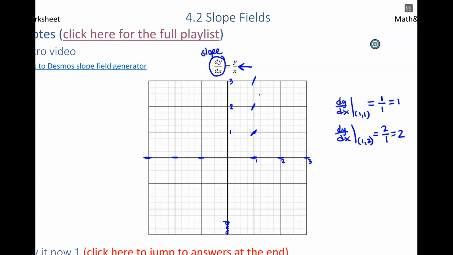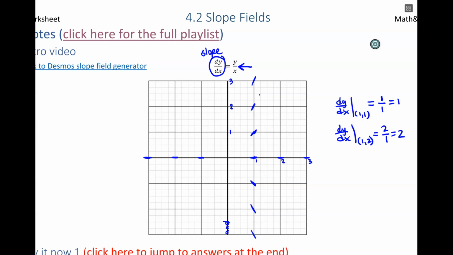Okay, to fill in a few more of these, if I go down to (1, -1), then your slope is -1 over 1, so -1, and then this is going to be -2 over 1, so slope is -2, slope is -3.